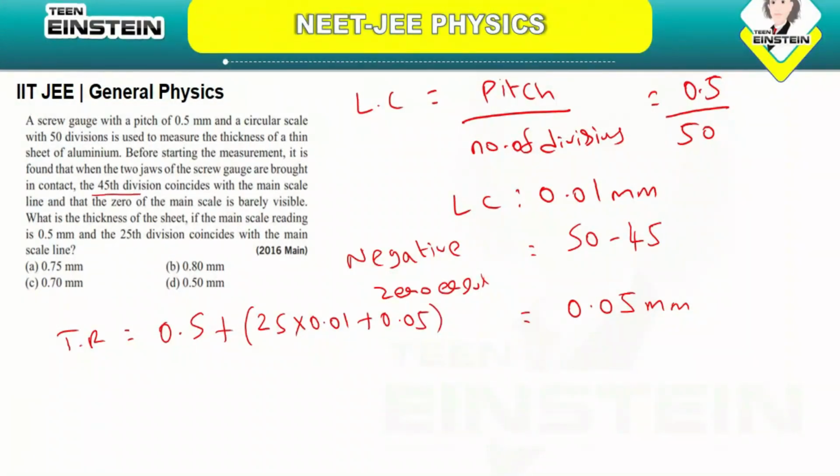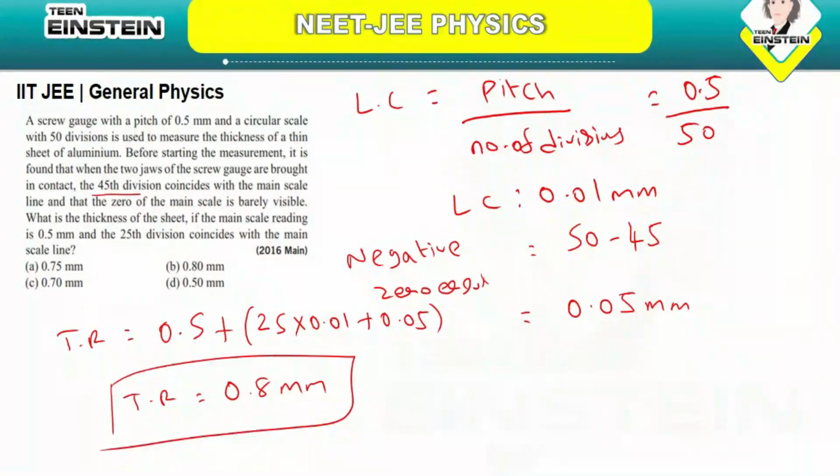So, if you solve this, you will be getting the total reading as 0.8 mm. Okay. So, the correct answer is option number B. So, the total reading or the measured reading will be 0.8 mm.